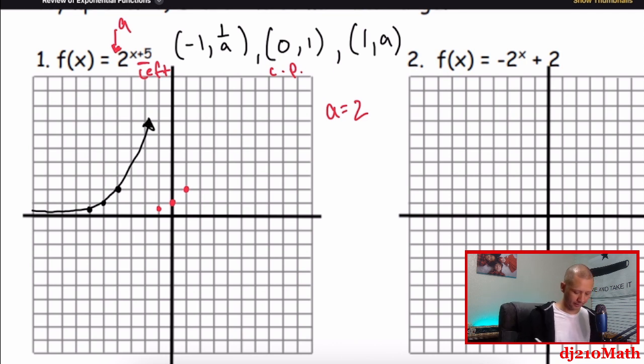So that's what it's going to look like. And also, the horizontal asymptote is y equals 0. If there's no vertical shift, it's always y equals 0. So the critical points, 3 of them, and then the horizontal asymptote.